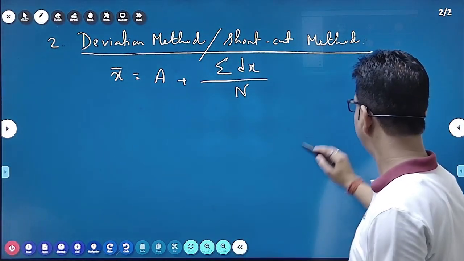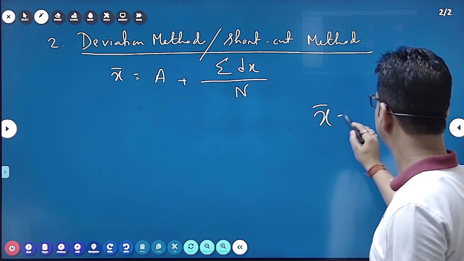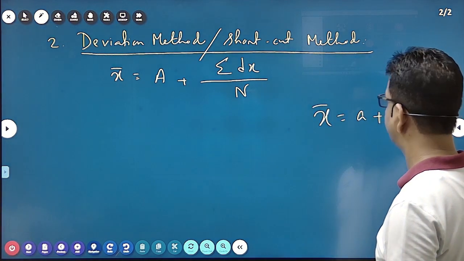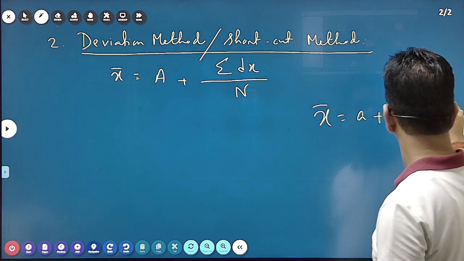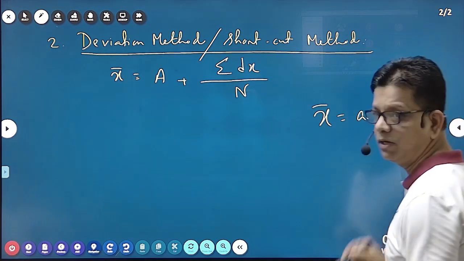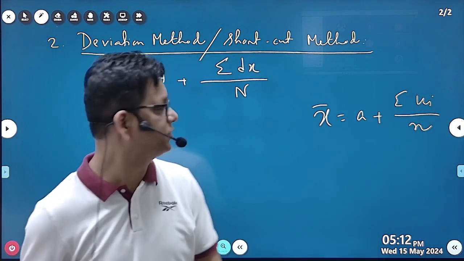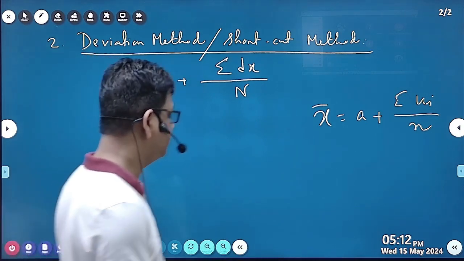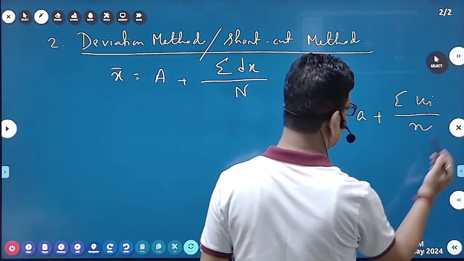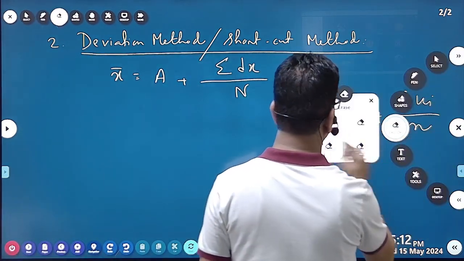In different books, we have different symbols. In some books, it is summation of ui divided by n. As I told you, the symbol doesn't matter. We just have to understand what to do, which are the correct symbols and how they are to be used, right?